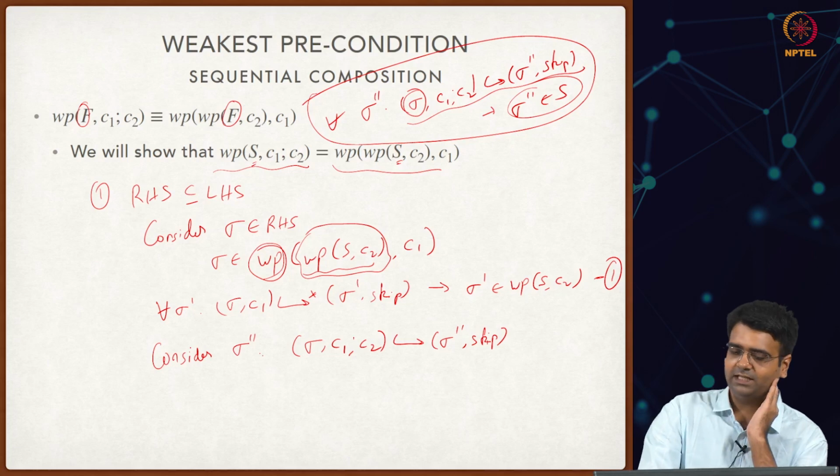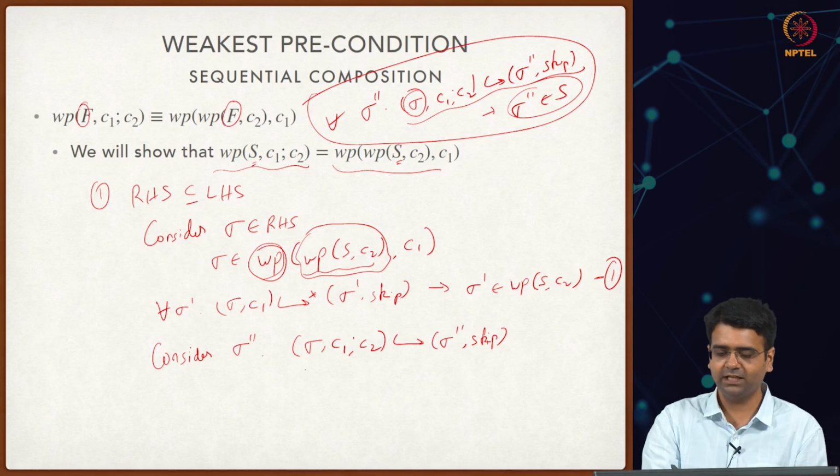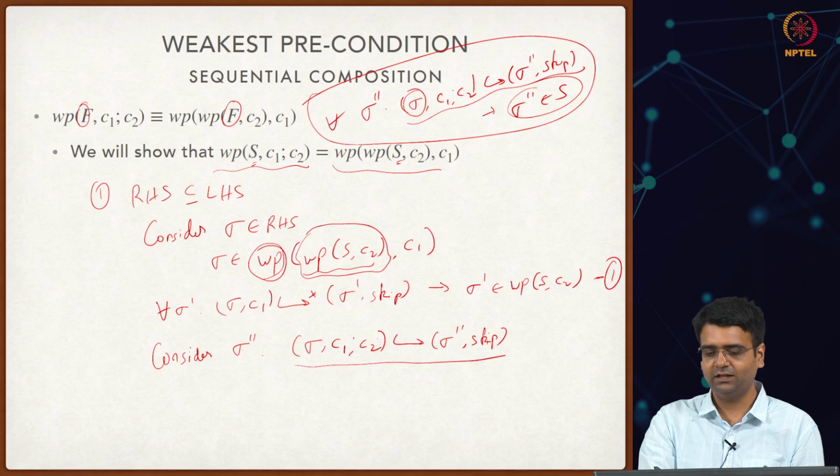But let's see what information we have. What can we deduce from this particular statement, that executing C1 semicolon C2 on sigma leads me to the state sigma double prime? From the operational semantics, I know that to execute C1 semicolon C2, you would first need to execute the entirety of C1, which means C1 should have been converted into skip, and then from that state you would then execute C2.